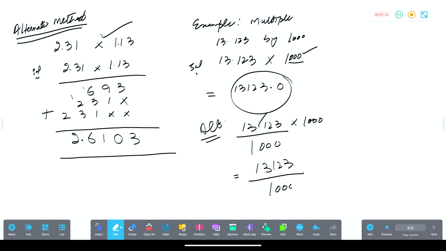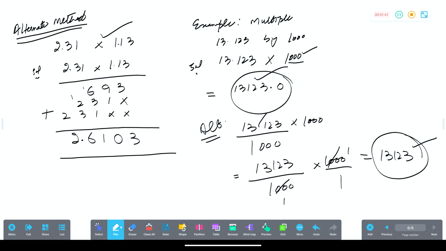Now, remember when we did the multiplication of fractions, where cross cancellation was possible. So clearly 1000 and 1000 will cancel out. What is left here? 13123 over 1. The answer is 13123 and the denominator will be 1 times 1. So 13123 in this method. It is also 13123.0 because 0 means nothing is in the decimal place.